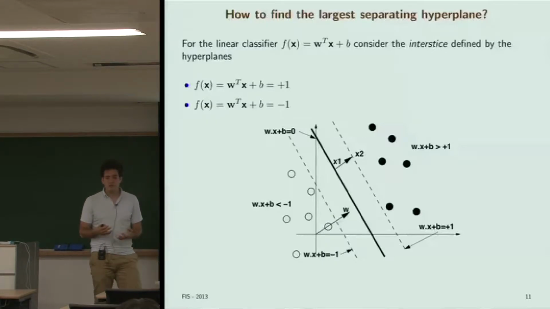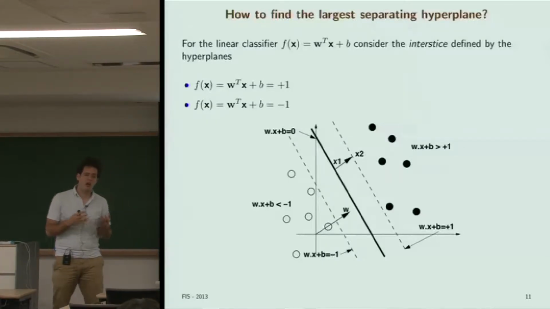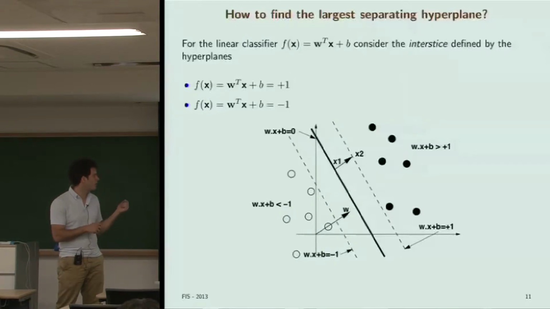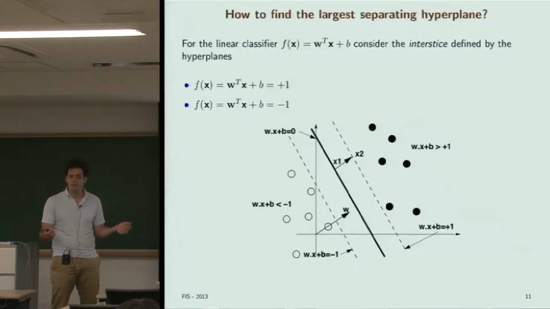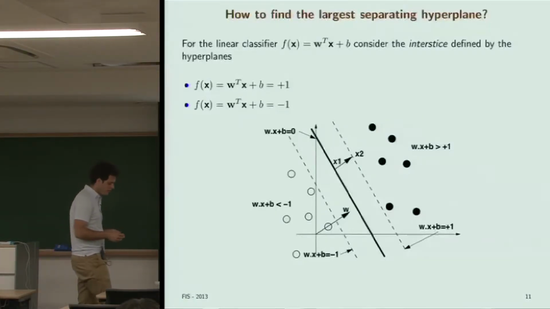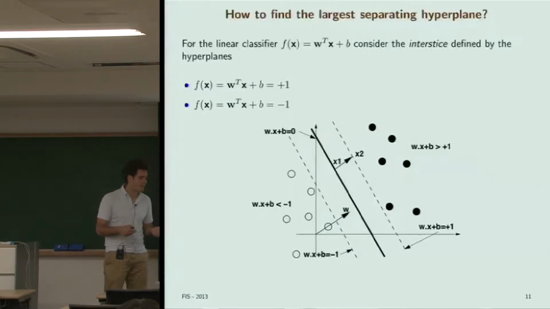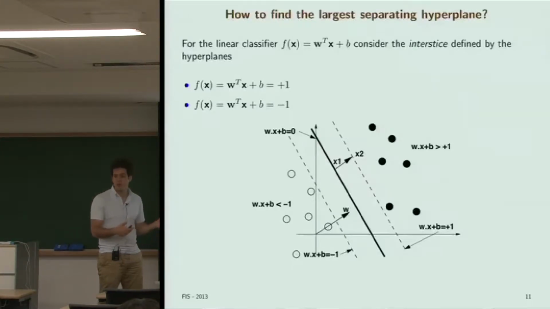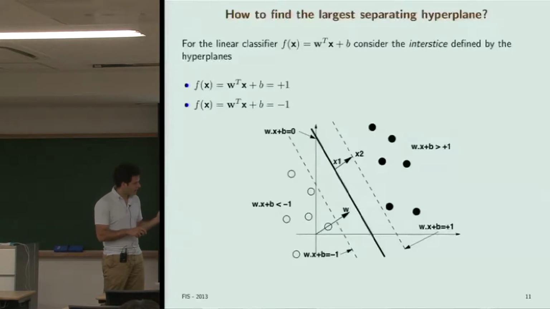Because a hyperplane defined by a normal vector w and the constant b is the same as t times w and t times b, we lift one ambiguity in our parameterization by saying from the start that we will consider a hyperplane w transpose x plus b equals 0. This will be the hyperplane that we will be looking for. And then we will set the tube to be exactly defined on both sides by w transpose x plus b equals 1 and w transpose x plus b equals -1.